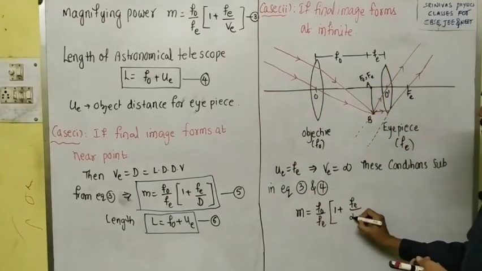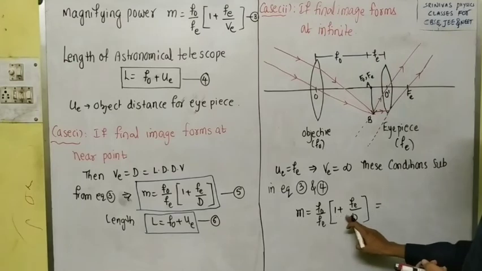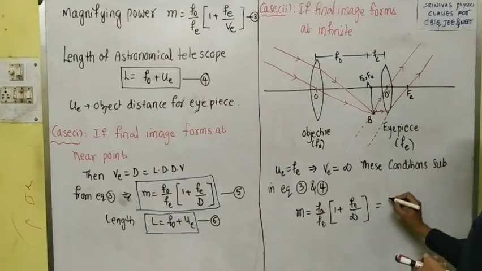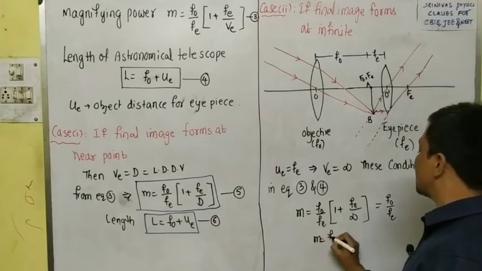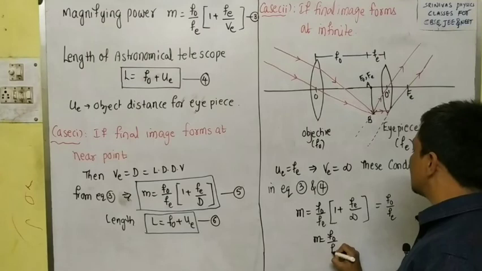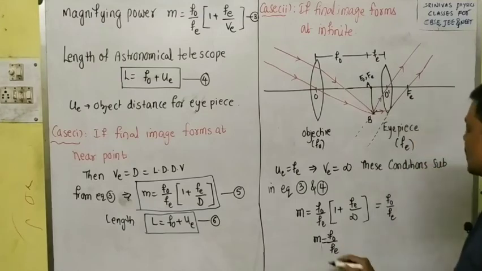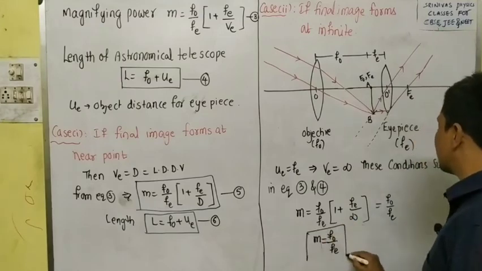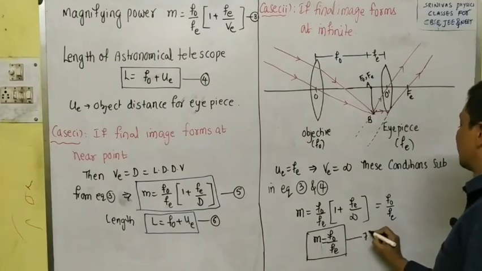What is Ve? Infinite, since the final image forms at infinite distance. Something by infinite is 0, 1 plus 0 is 1, and 1 into F0 by Fe is F0 by Fe. We are getting the final formula as F0 by Fe. It is the final formula for the magnifying power when the final image forms at infinity.